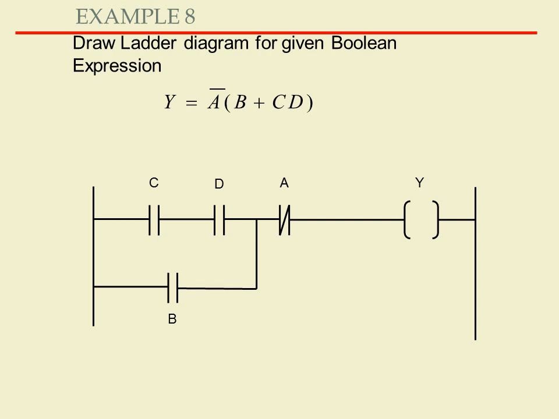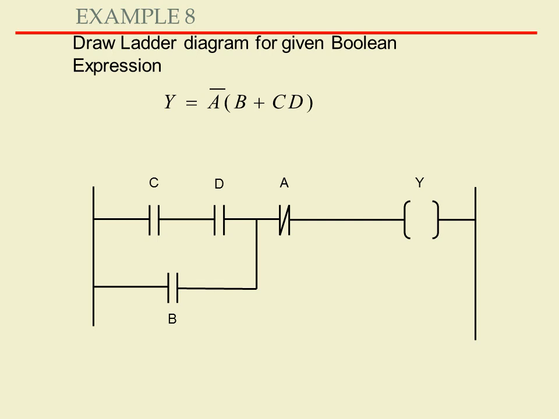Now plus B can be represented as one parallel branch. Into that B switch is taken, and into A bar, so A bar means closed switch, and that is in series with this whole B plus CD. And Y is the output device.